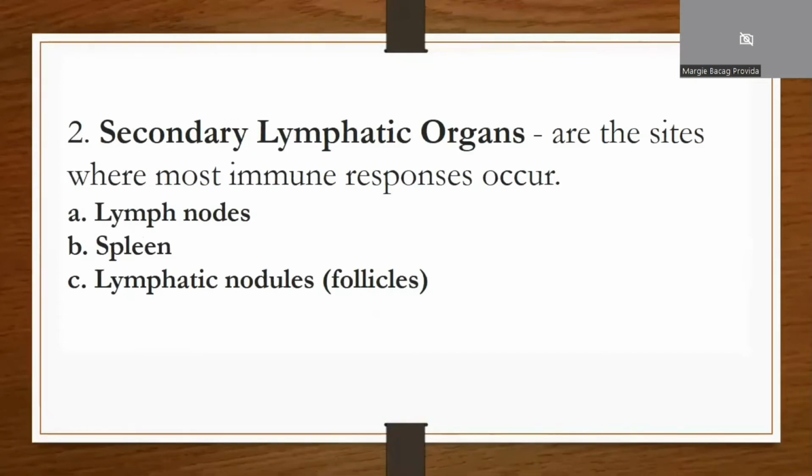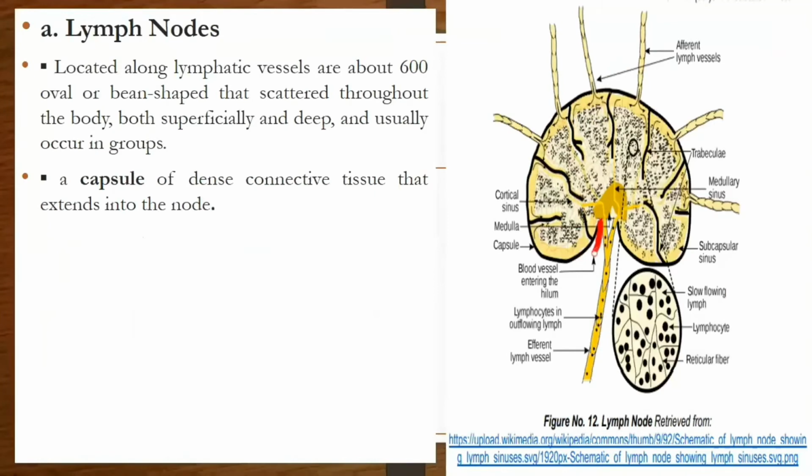First are the lymph nodes. The lymph nodes are located along lymphatic vessels, around 600 oval or bean-shaped nodes scattered throughout the body, both superficial and deep, and usually occurring in groups. Each lymph node is surrounded by a protective layer of dense connective tissue called the capsule, which extends into the node.